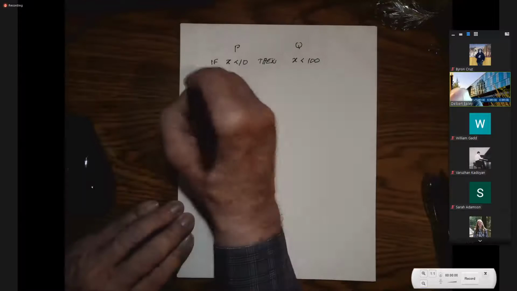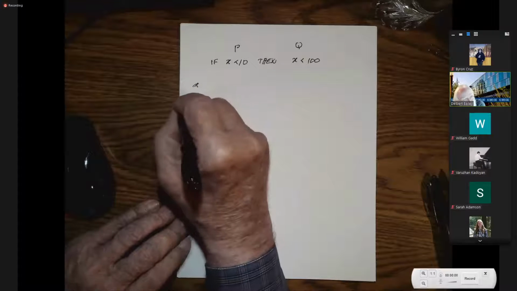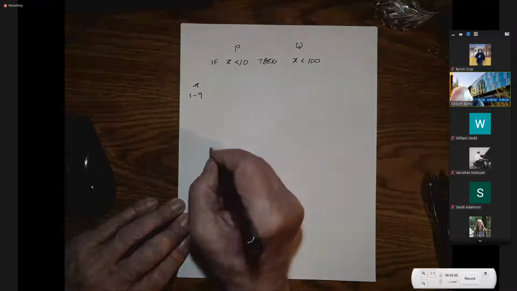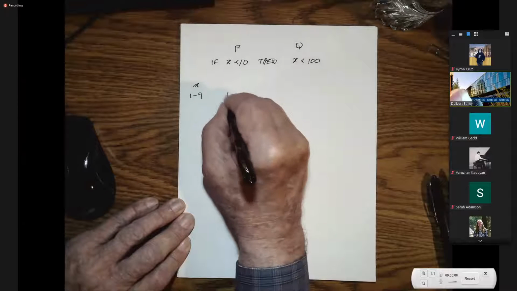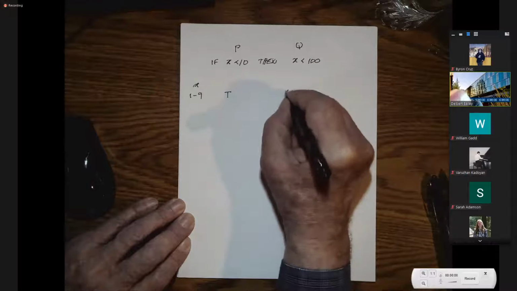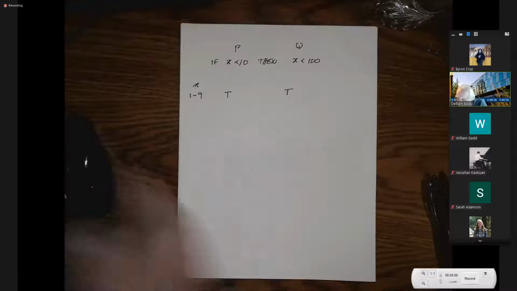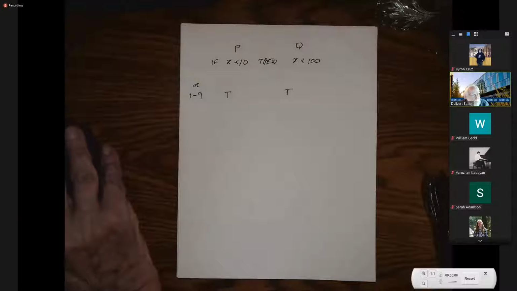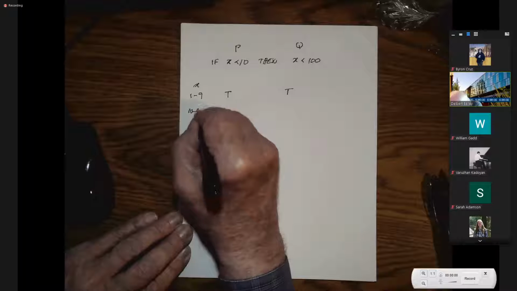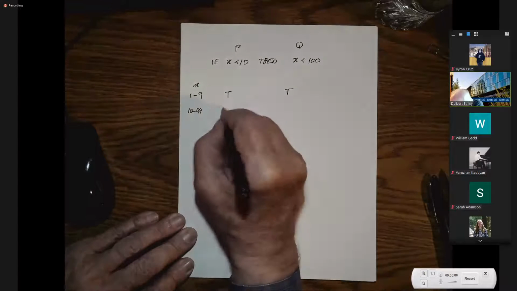Okay, well, we'll look at values of X. If X is from 1 to 9, then the P part is true, right? And the Q is true. Okay, if X is ten to 99, then it's certainly not less than 10, right?